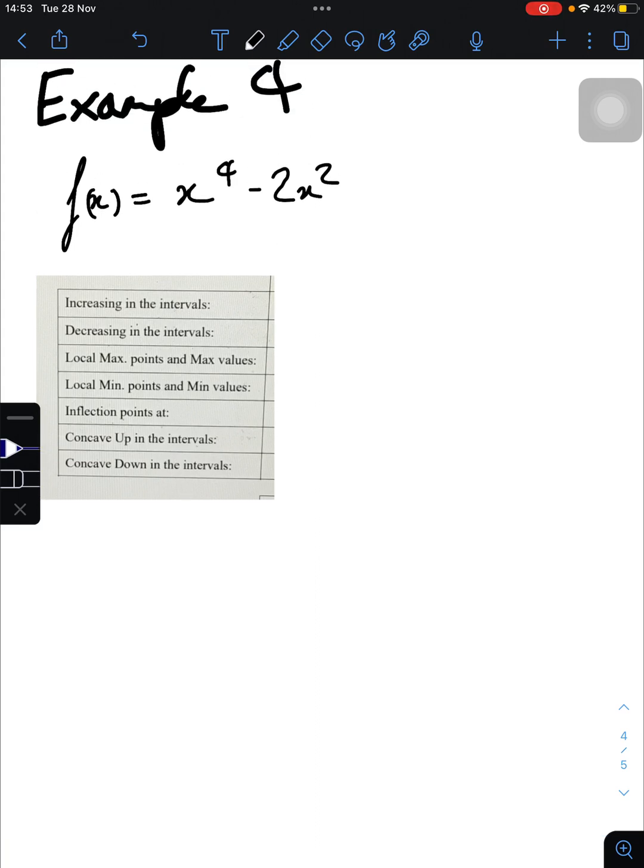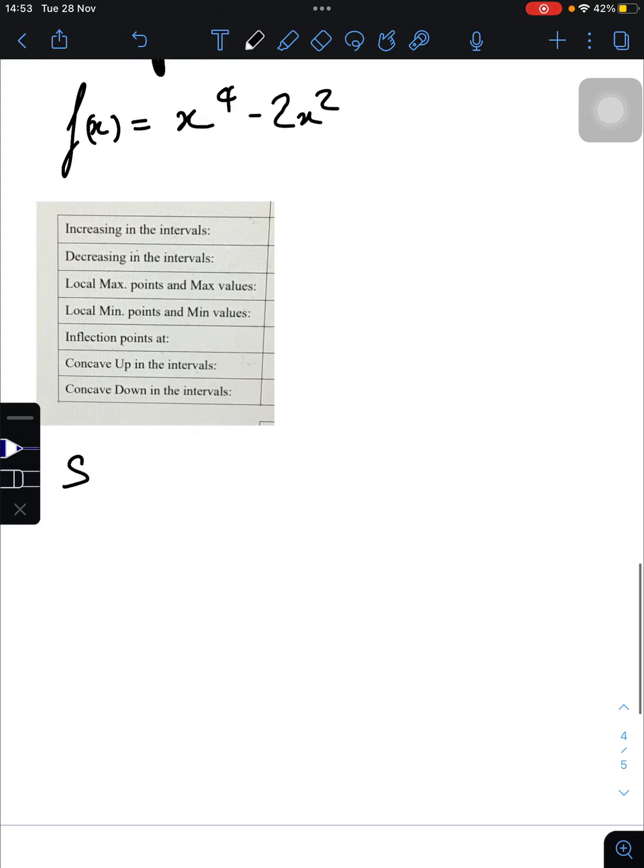Our critical points is where the gradient equals 0. So step 1, we need f dashed of x, which would be times by the power, take 1 away, and we need that equal to 0. So when does that equal 0?